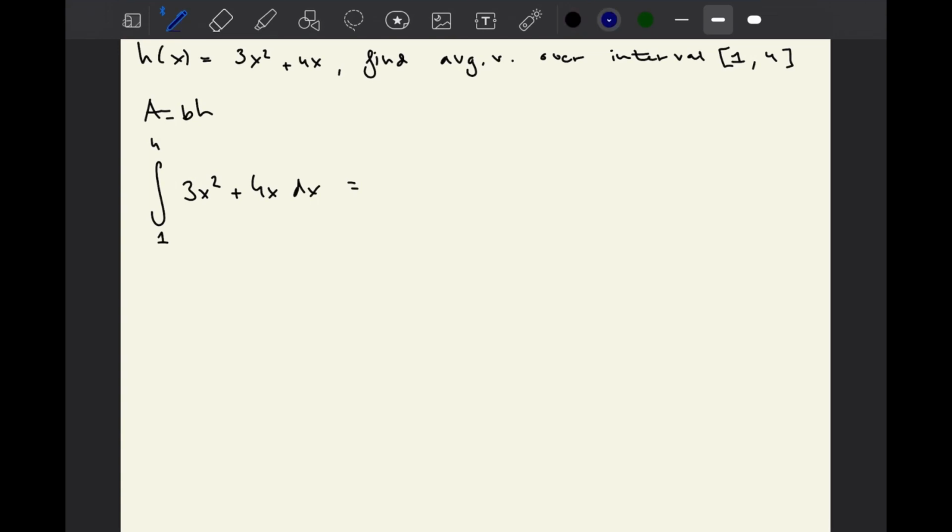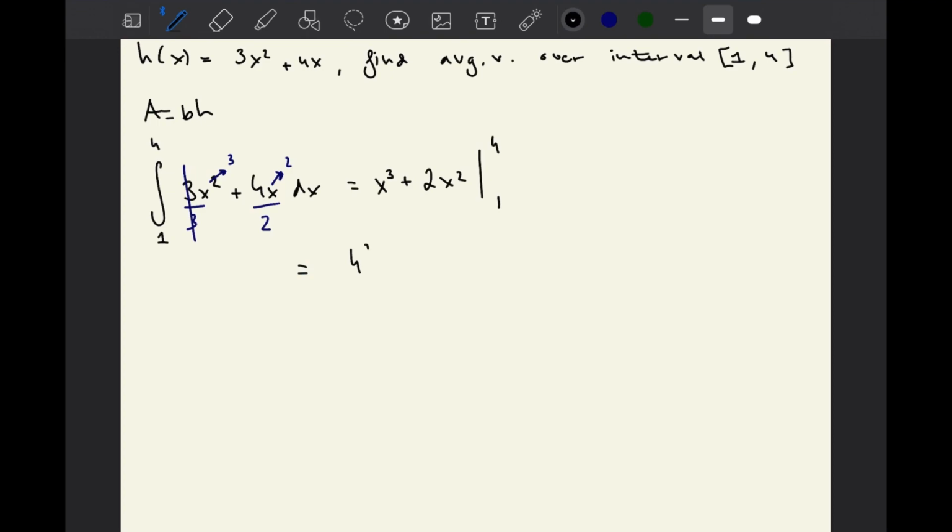Let me just quickly do it here so I don't have to write it. First we're going to raise this power by 1 and divide by the new power, 3, which would cancel this out. This would go to 2, and this would be divided by 2, which gives 2. So we would have x cubed plus 2x squared, evaluated from 1 to 4.